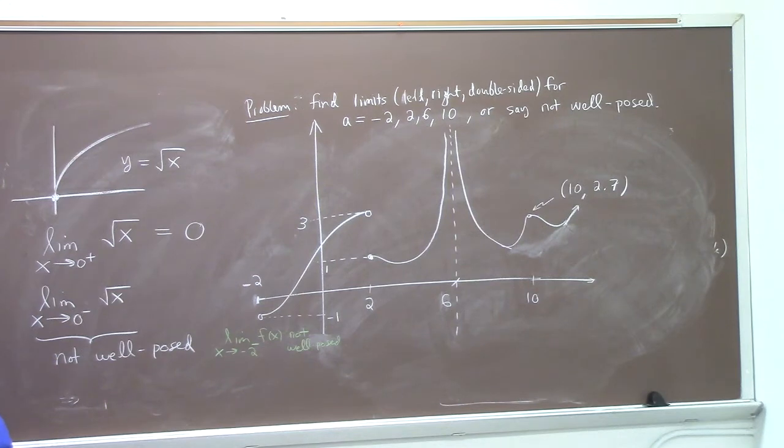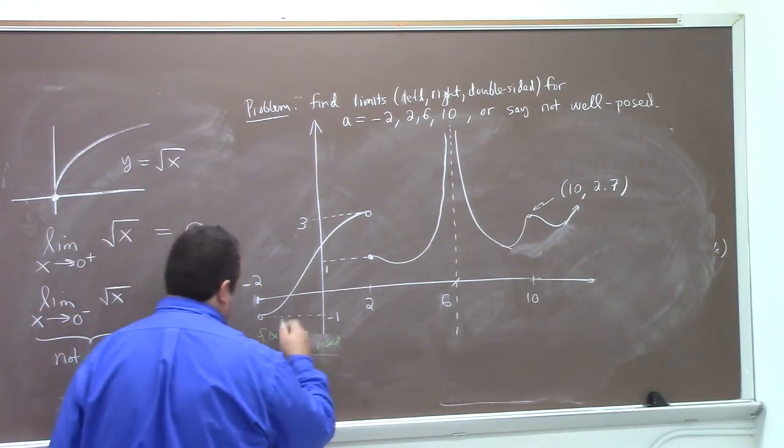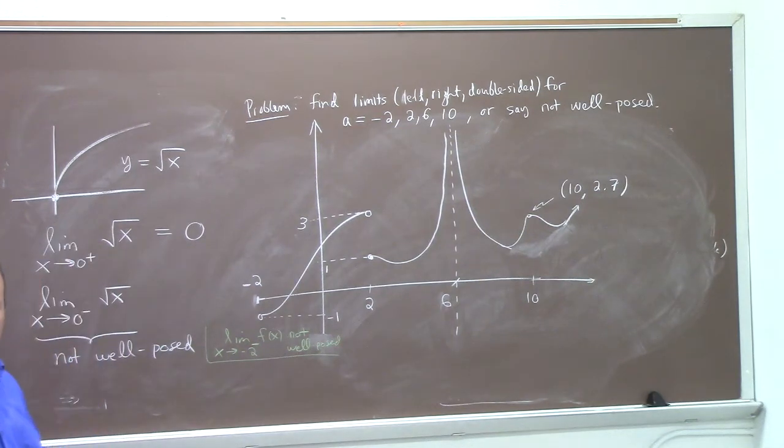Could we say it's a poser? I don't know. But as far as I know, poser is not a mathematically defined term. Anyway, that's no good. And if either the left or the right limit is not in play, then we can't talk about the double-sided limit, right? So likewise, the double-sided limit doesn't make sense there.